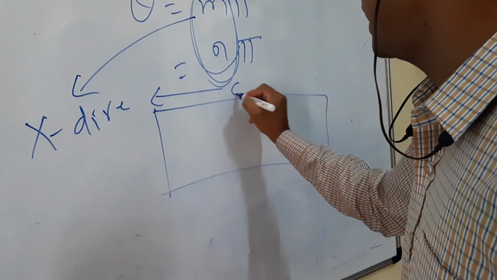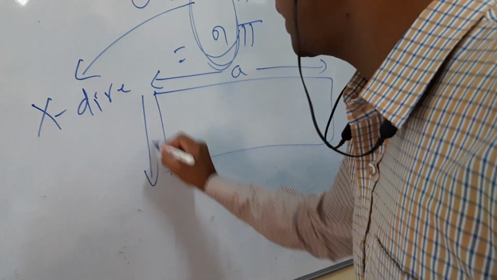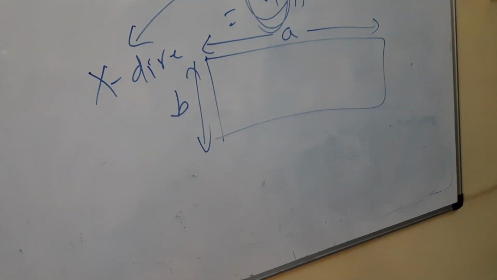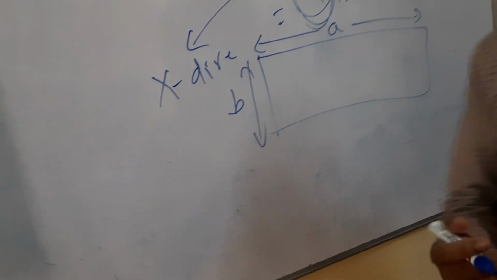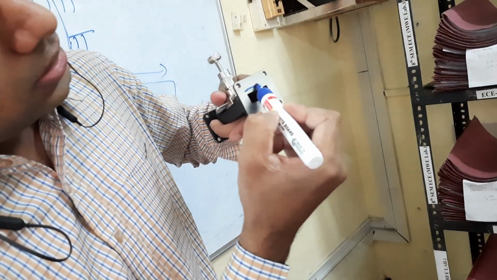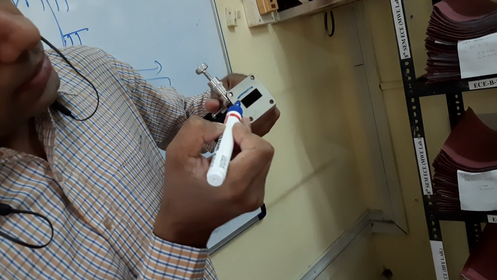Suppose this is the broader side of the wall and this is the narrow side of the wall of the rectangular waveguide. I have told you, this one is the broader dimension and this one is the narrow dimension.